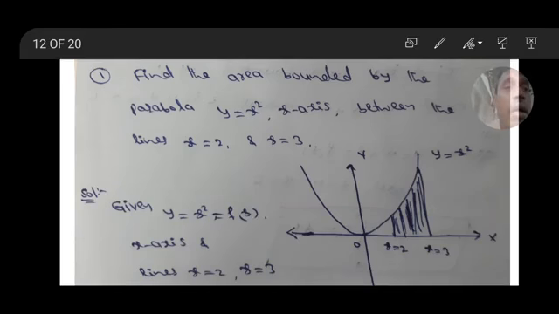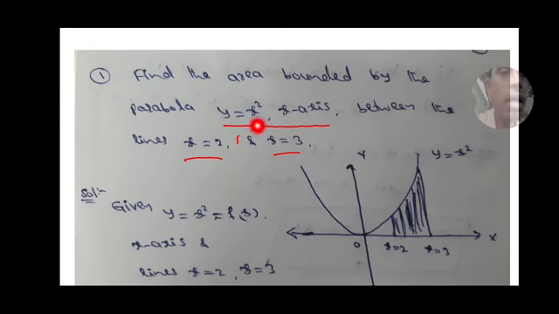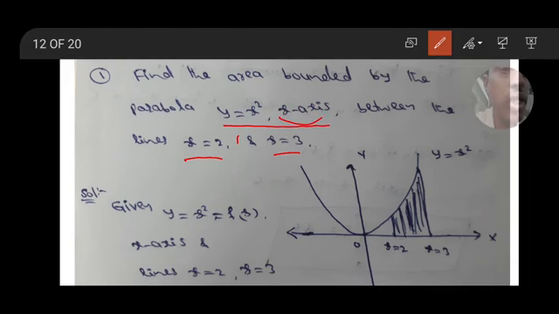Find the area bounded by the parabola y equal to x square, the x axis, between the lines x equal to 2, x equal to 3. Observe this problem. The parabola y equal to x square is given, and the x axis, which is very important here, is the boundary, between the lines x equal to 2, x equal to 3.